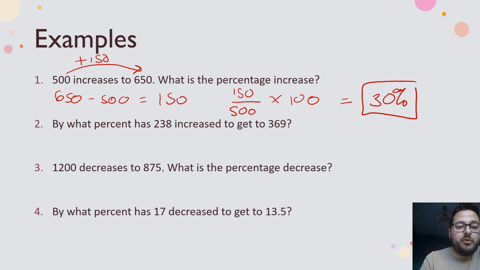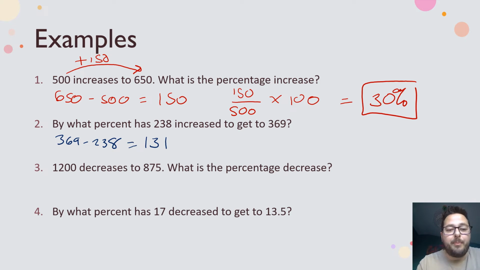So again, we'll take away to find the difference. So 369 take away 238. If you're in a calculator question, use a calculator for this bit as well. Don't let anything go to chance. So 369 take away 238 gives us 131.